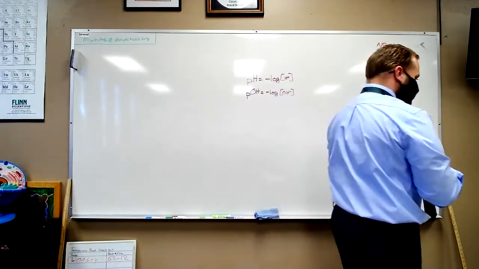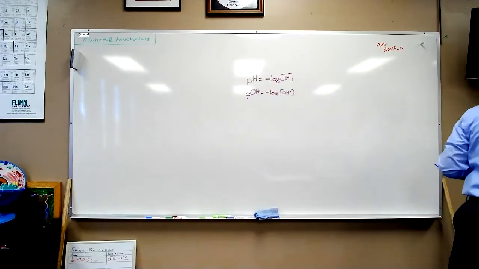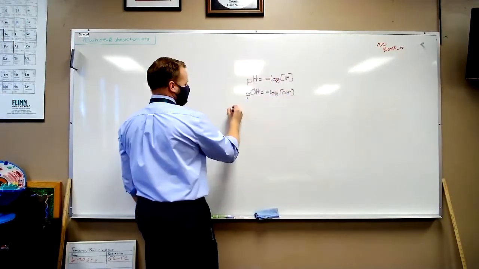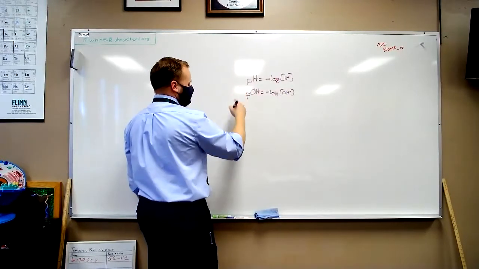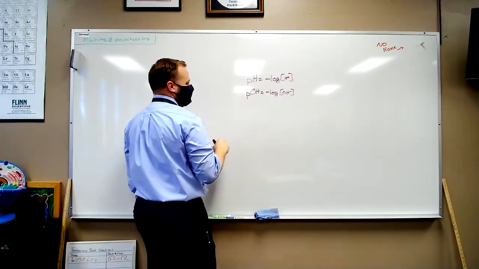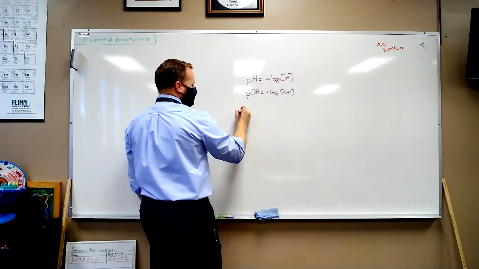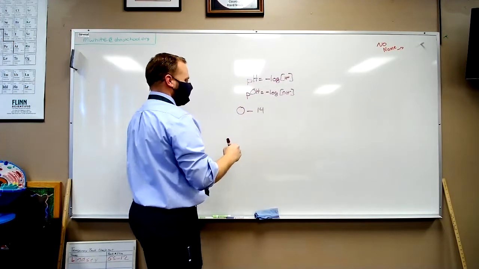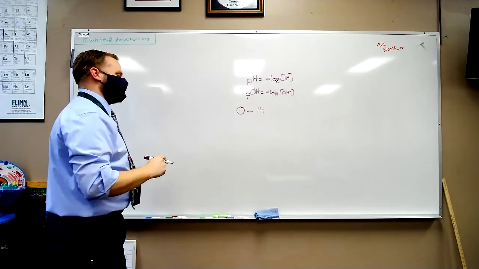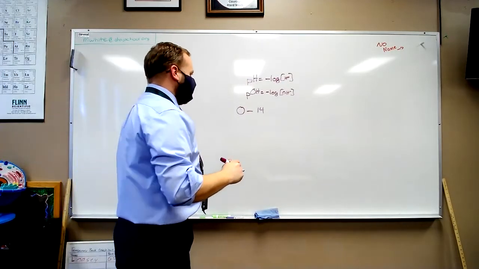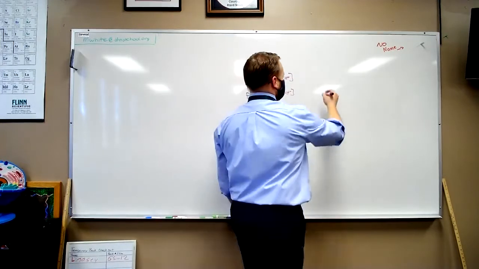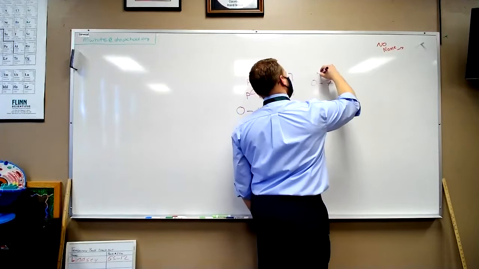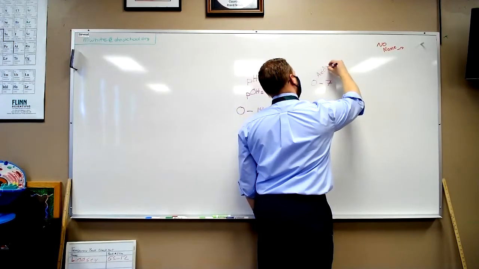So the pH scale runs, and also this is true of the pOH scale, but we're going to discuss the pH in the first part. So it runs from 0 to 14. From 0 to 7, this is where our acids are.